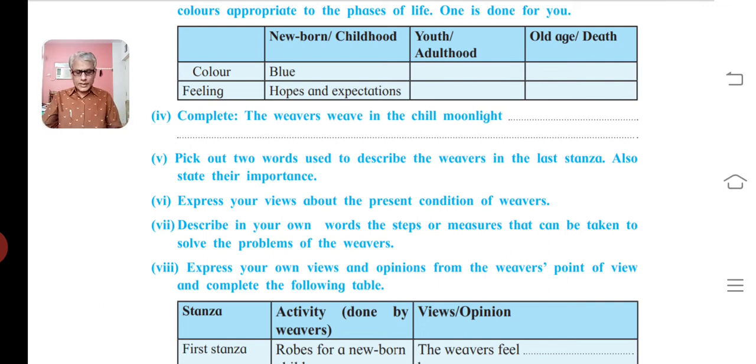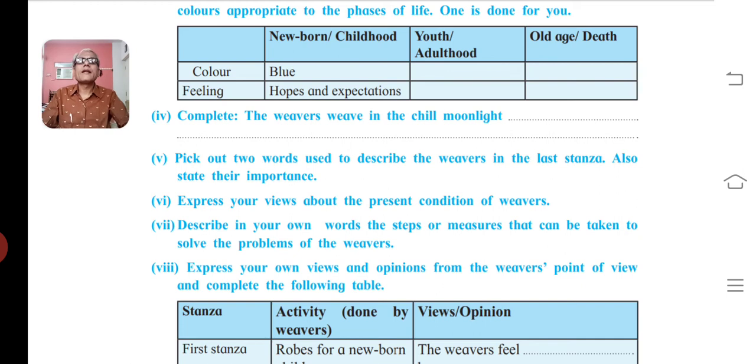A shroud is being woven for a dead man's funeral. The workers' mood is also serious and unsmiling because of the occasion.